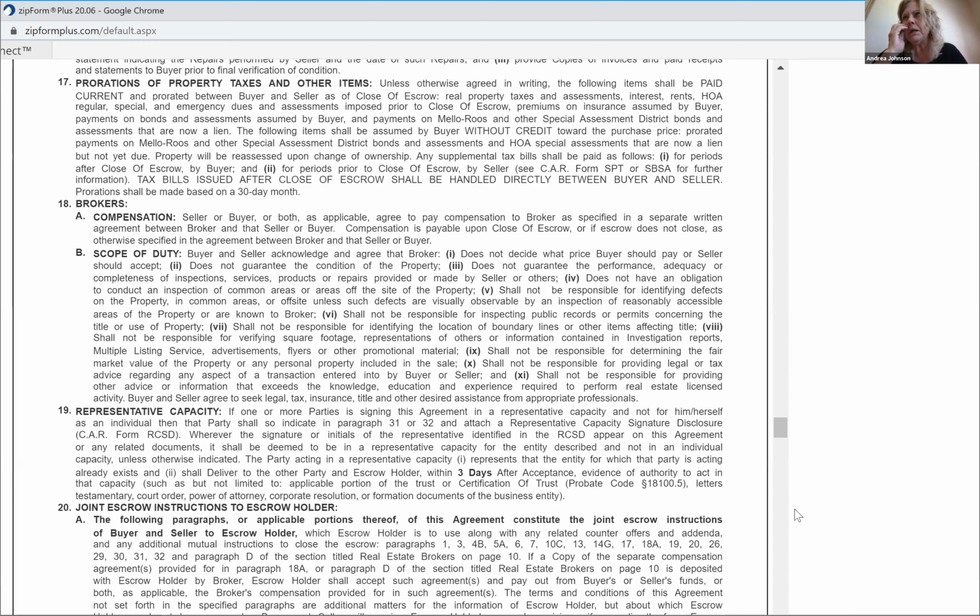Now, bear in mind that when escrow is being closed, the proration on property taxes is going to be based on the existing property tax assessment. So if a seller purchased a property, let's say in 1980, and remember, in California property taxes are based on the last sale price, let's say they purchased it in 1980 for $200,000.